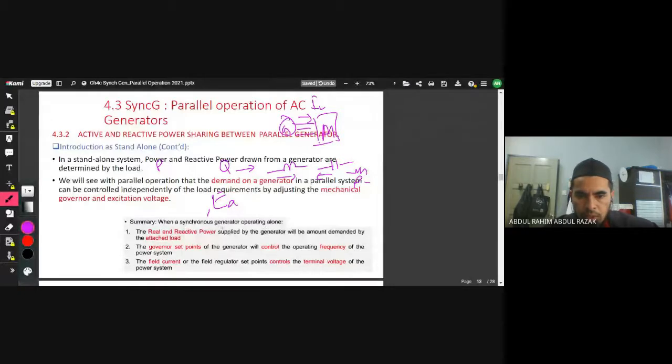When it operates alone, the real and reactive power supplied by the generator will be determined by the load. The governor set point will control the operating frequency, and the field current IF will control the terminal voltage.